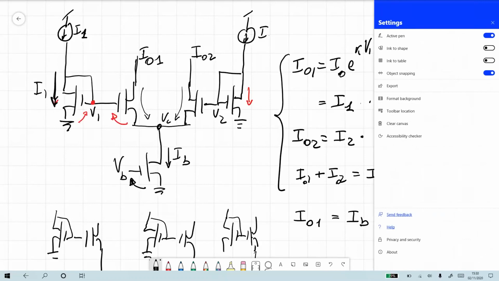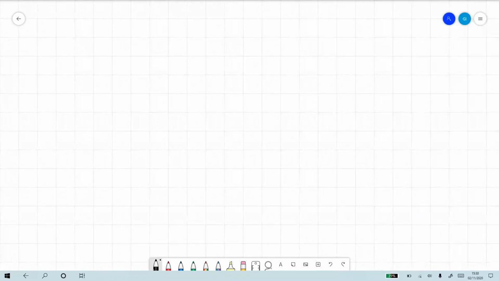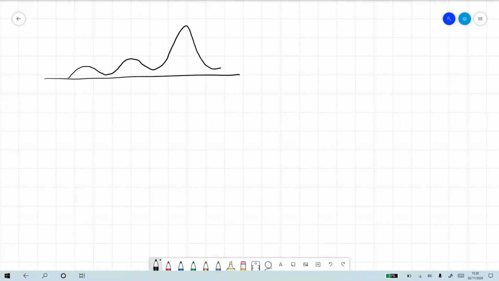Let me clear the canvas again and start drawing the circuits. First of all, the function of the circuit is, if you have different signals that can be noisy, the output of the winner-take-all circuit is supposed to suppress all the noise and amplify the strongest signal. That's what we want to design.